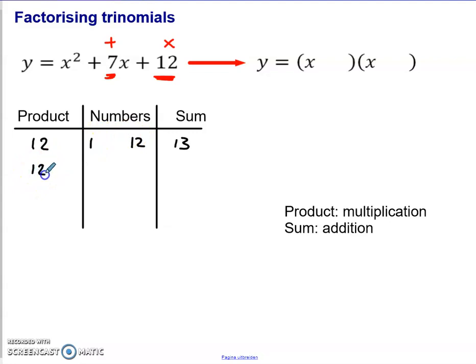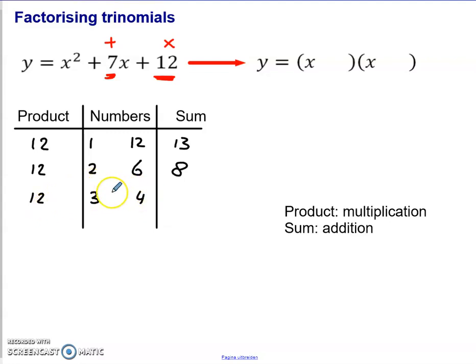So I will continue in a logical way. 2 times 6 is also 12. But when I add them, 2 plus 6, I will find 8. And again, I was looking for 7. So those are not the right numbers. So again, I'll continue. 3 times 4 is also 12.